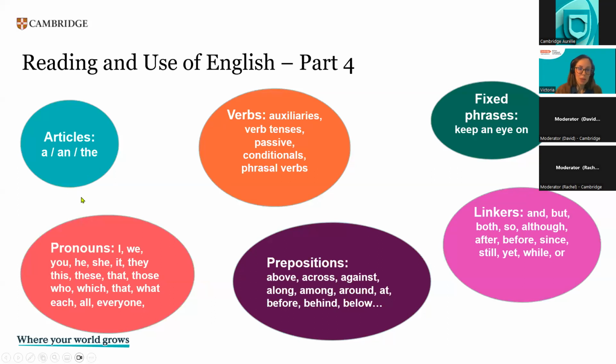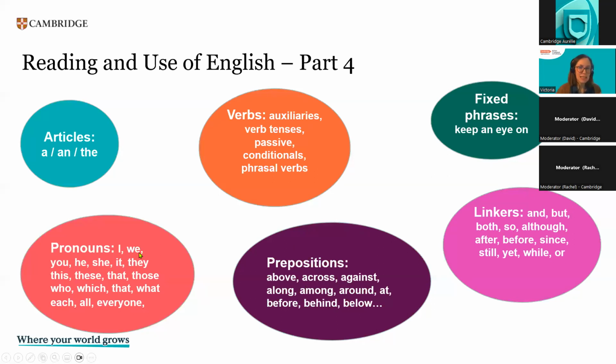Let's look a bit more at the focus in more detail. So these are some of the words that you may need to use in this part of the exam. So articles, verbs, thinking about auxiliaries, verb tenses, passive voice, conditionals, fixed phrases as well, linkers, prepositions, pronouns.